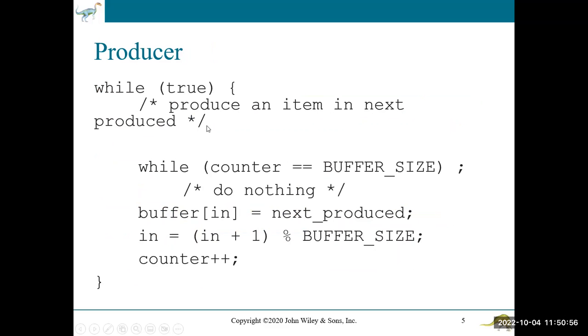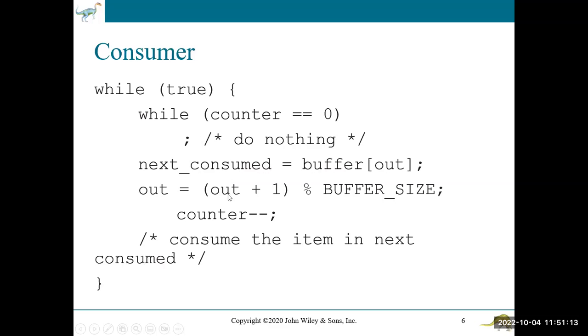In any case, what we're looking at here is the counter increment. Because we're incrementing the counter upward, this is a statement for the producer, obviously. And then here's the counter decrement.